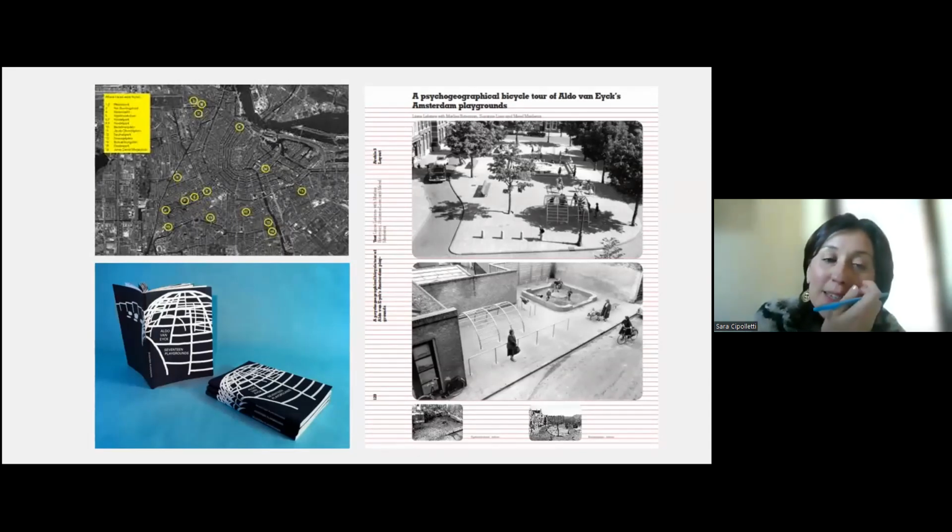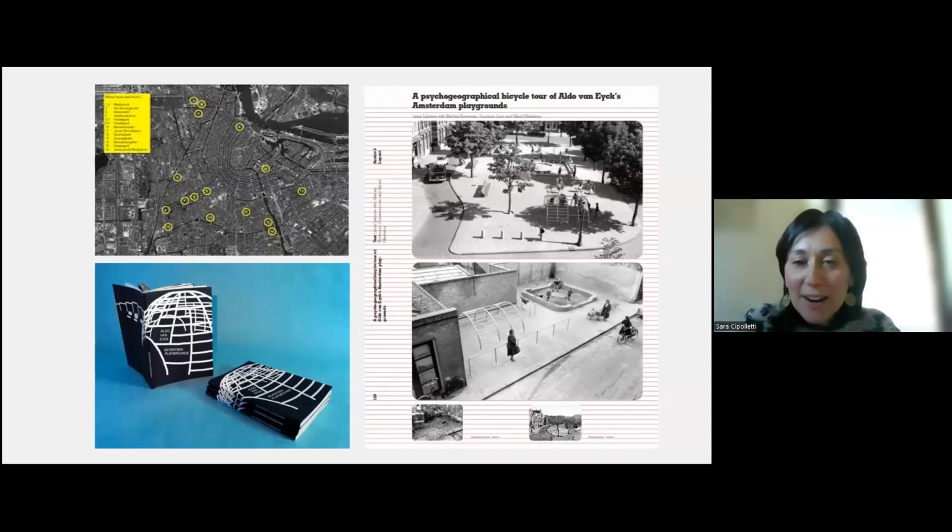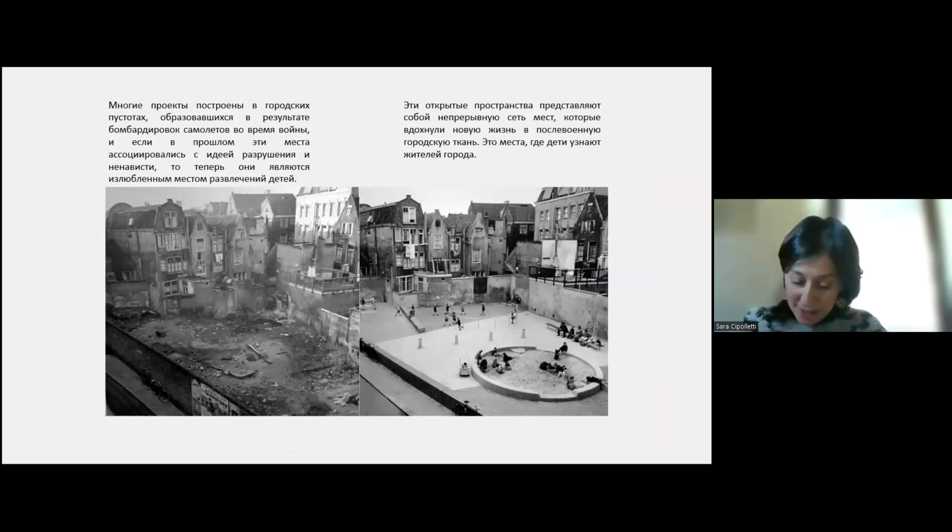This now is the plan of the city of Amsterdam, in which you can see in this yellow dot some of these spaces that survive, no? Because of course much time has passed, so many of these spaces were changed again, but there are some of these playgrounds that now it is possible to visit again.